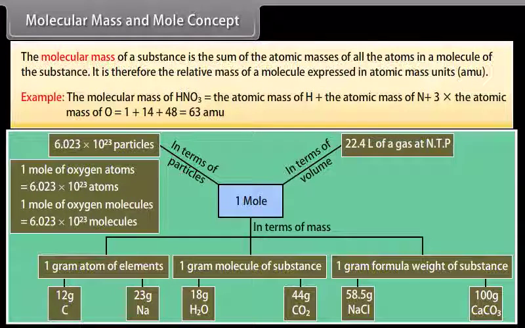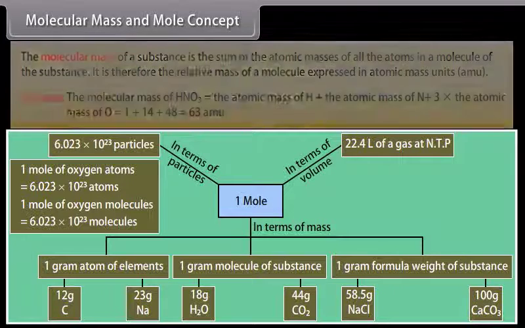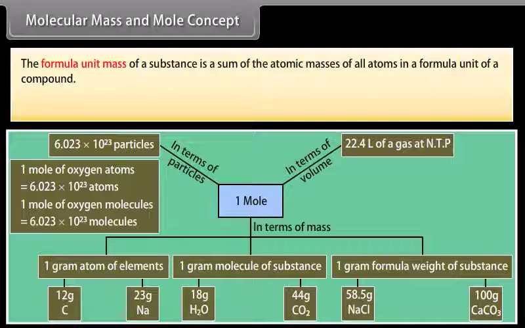Example, the molecular mass of HNO3 is equal to the atomic mass of H plus the atomic mass of N plus 3 times the atomic mass of O, which is equal to 1 plus 14 plus 48, which equals 63 units. The formula unit mass of a substance is the sum of the atomic masses of all atoms in a formula unit of a compound.